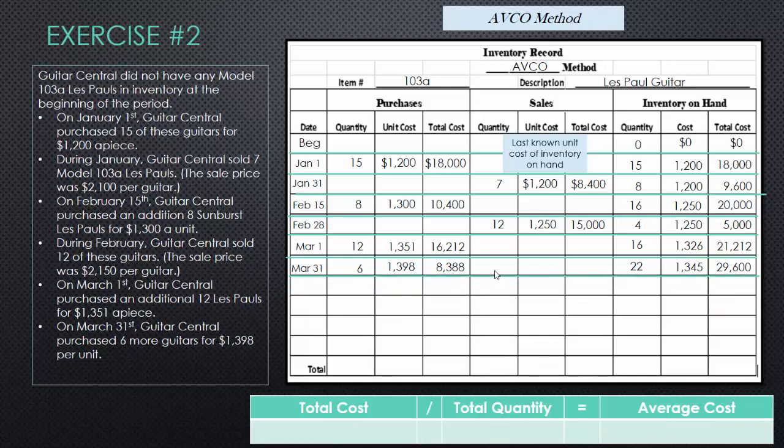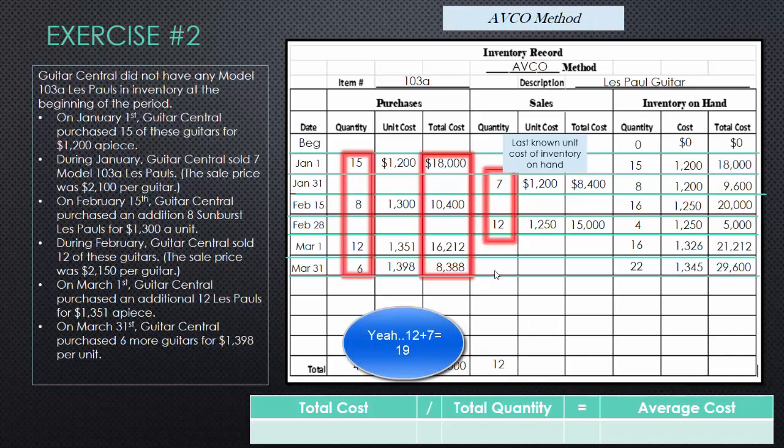And now we need to figure out our totals. So our total purchases, we purchased 15 units, then 8 units, then 12 units, and then 6 more units. So in total we purchased 41 of these guitars during the period. The total cost of our purchases is $53,000 on the dot. For sales, we sold 19 guitars during the period.